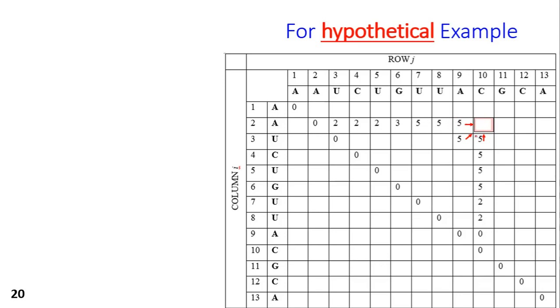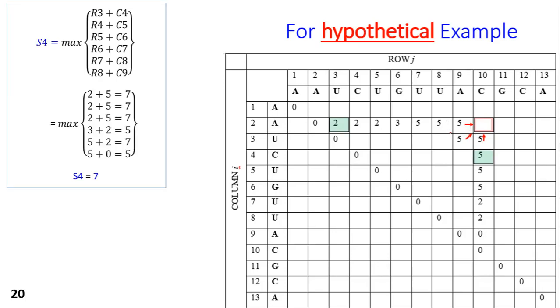We would call them step 1, step 2 and step 3. Now for our step 4, say, for example, we would add R3 to C4.